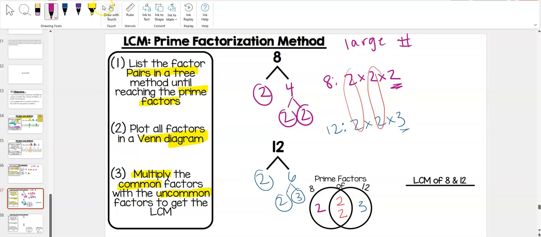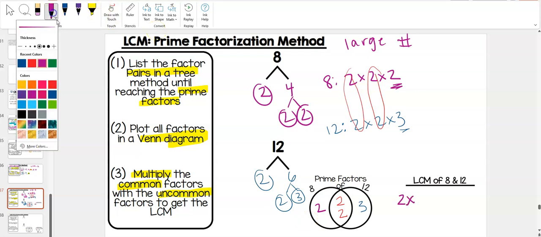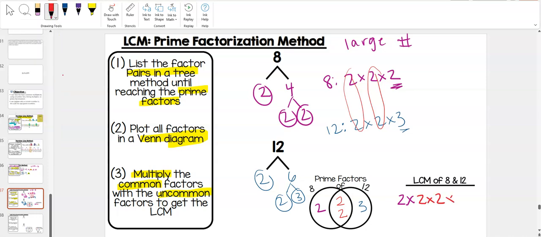So I am going to multiply 2 times the 2 2's in the middle times that 1 2 on the end. And when I multiply all this out, it's going to get me my LCM. So 2 times 2 is 4. 4 times 2 is 8. 8 times 3 is 24.